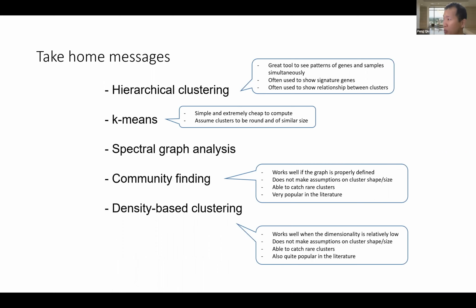All right, so there's one more question from Justice about comparison between spectral graph analysis, where we use eigenvalues and eigenvectors, and community finding. Okay, so spectral graph analysis, its advantage is that it's really easy to implement. Its disadvantage is that every time you run it once, you only get 2 clusters.